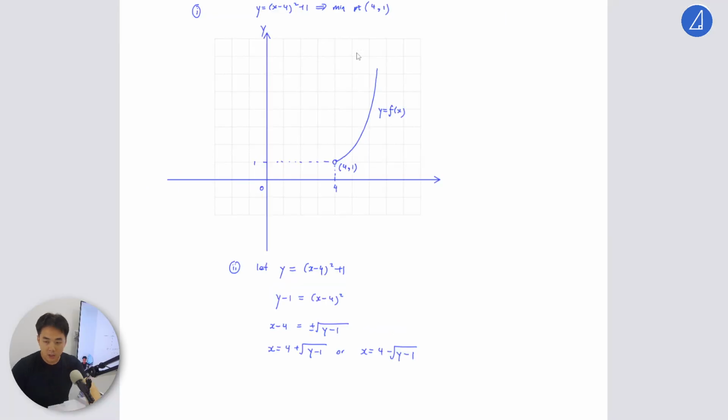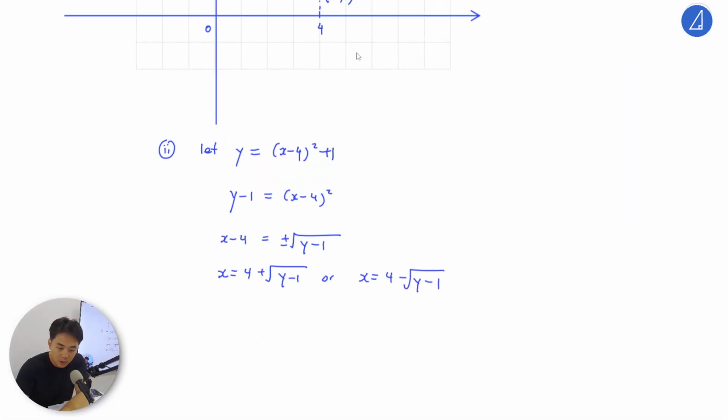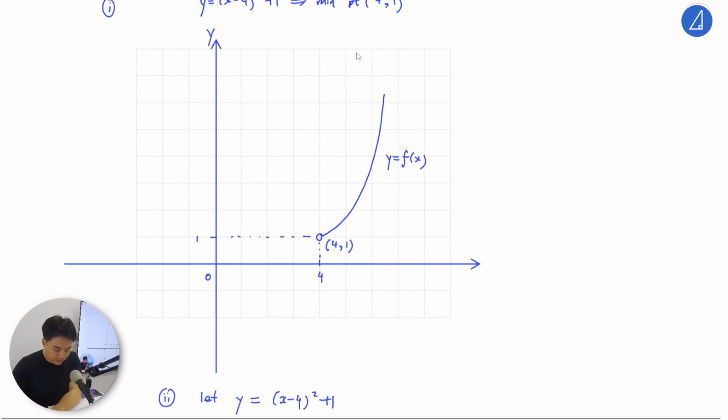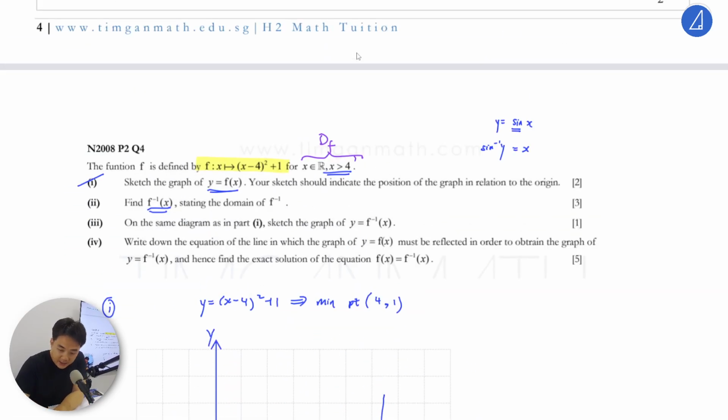How to reject? Very simply, you look at the domain: x needs to be more than 4.